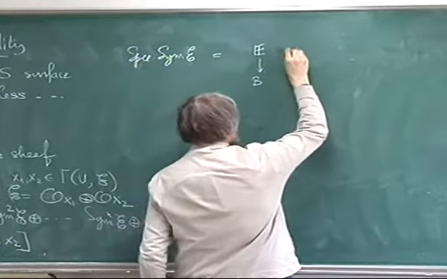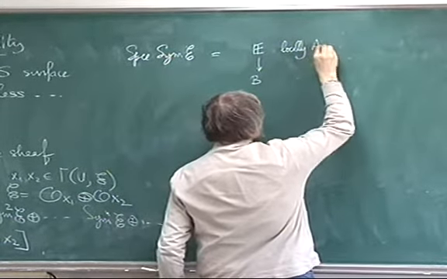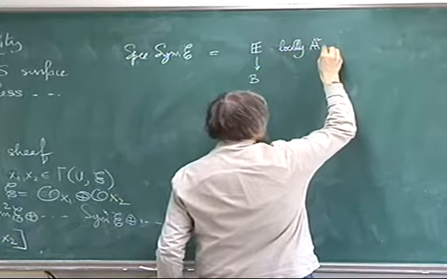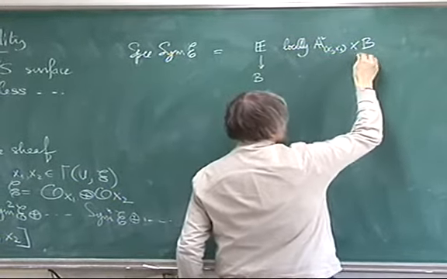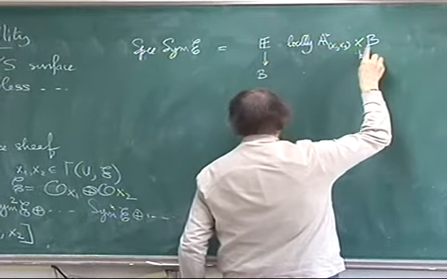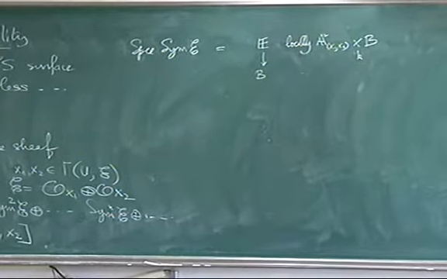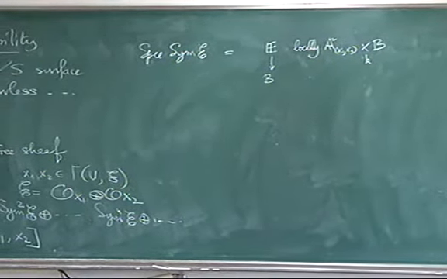So this is locally A2 with coordinates x1, x2 times B. I said I'm thinking of B as being a scheme over the field K, so I don't have to worry about absolute products here. This is a fiber product in the language of scheme theory.